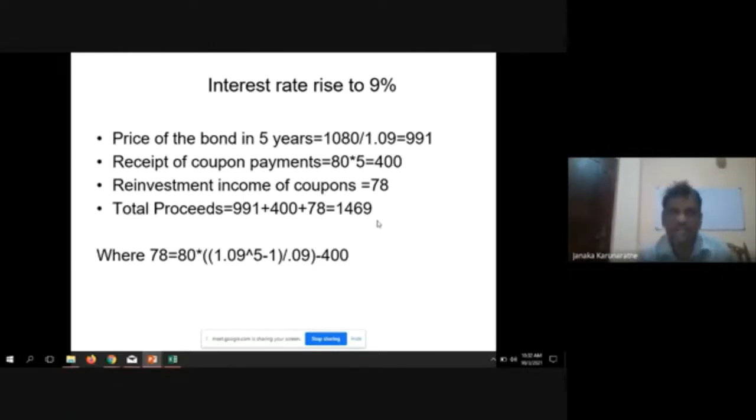But you can find an instrument which is very much closer to your cash flow requirement in the market. You may not be able to match exactly 1,469, but in this particular question, say it's an active bond market. So the bonds are trading actively with different coupons, different yield, different maturities in the current yield environment. So you can find a bond which is somewhat closer to your duration matching of your liability.